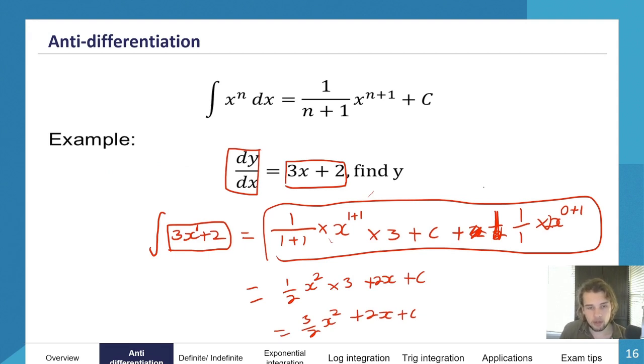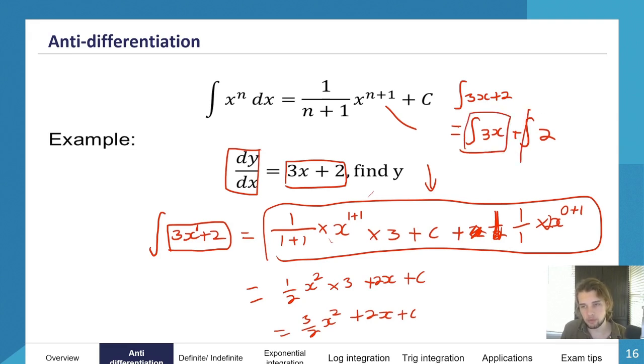Now, one note that might help you a little bit is that the anti-differentiation of 3x plus 2 is the same as the anti-differentiation of 3x plus the anti-differentiation of 2. That might make this formula a little bit easier. So you apply this formula twice, as I did down here, because you are anti-differentiating both of these terms separately.